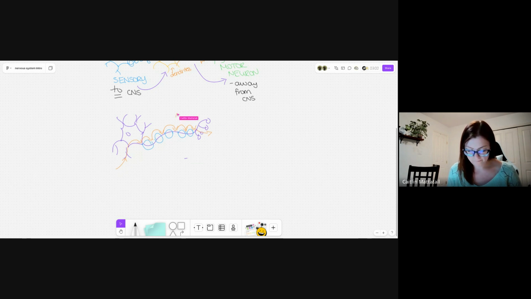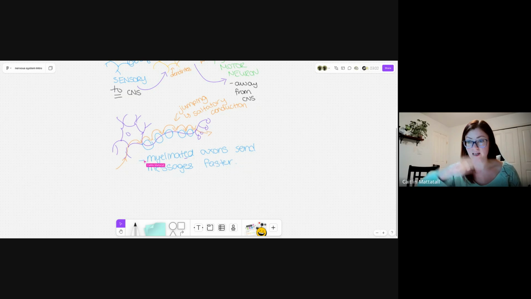Okay, this jumping is called saltatory conduction. And again, I will come back to that when we talk about nerve transmissions, which are also called action potentials. But myelinated axons send messages faster.